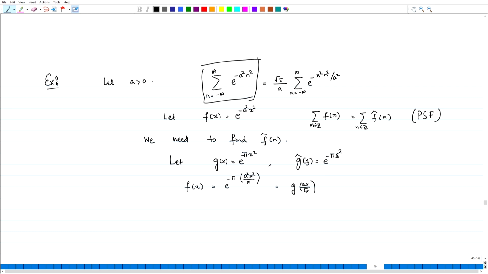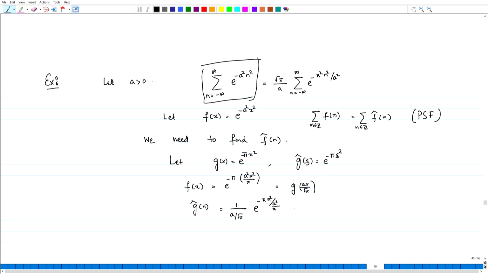So now when we are writing f hat of n, this is going to be 1 over a by square root of pi, and then e to the power minus pi xi square, where xi is n, so n square divided by a square by pi.